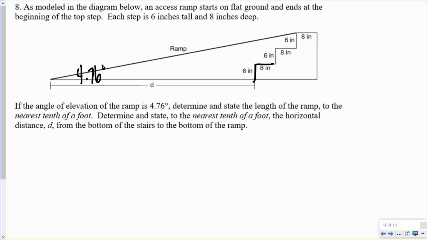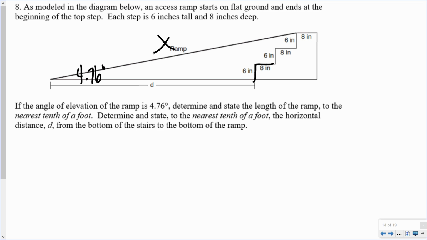Well, it says that this is the ramp. This is what we're trying to find. So, let's see. Well, I need another piece of information here. I don't have enough information to do it because I just have one angle. I'm trying to find a side, so I need another side.